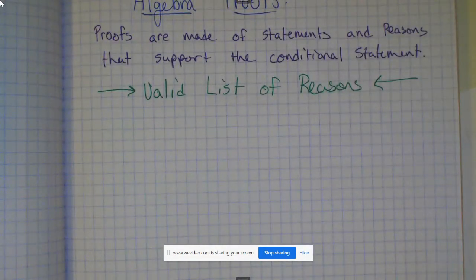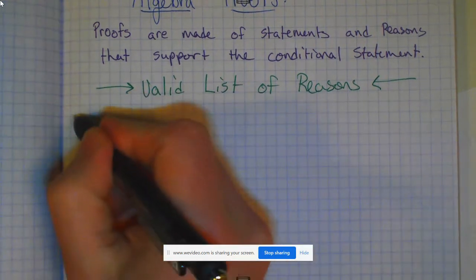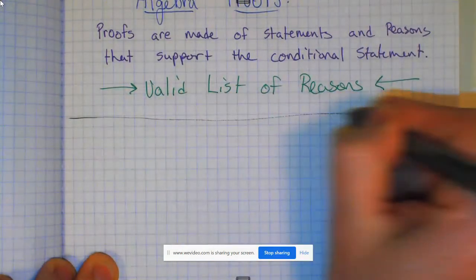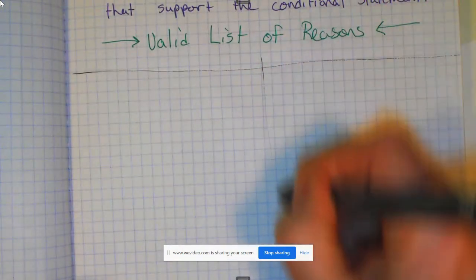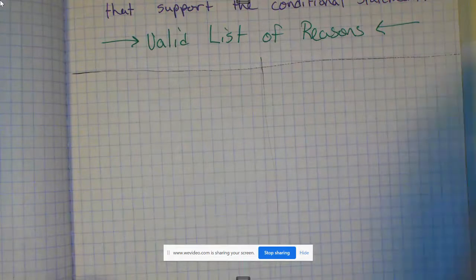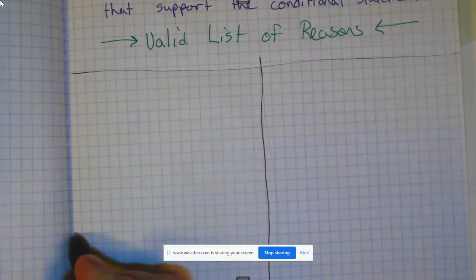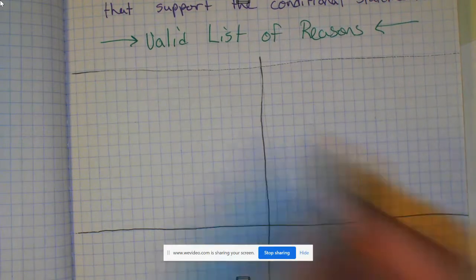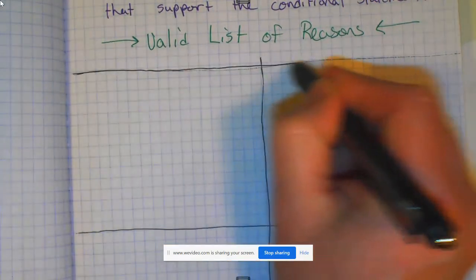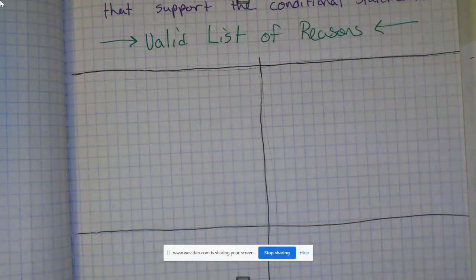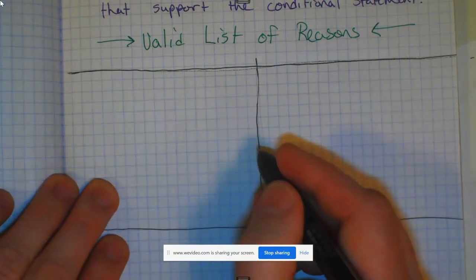So we're going to split our page into 4 sections here. And again, we're just starting with algebra proofs so that we can get into what a proof looks like. Okay, let's start. I'm going to go ahead and write 2 of these problems down.